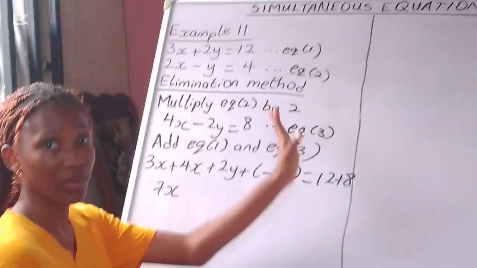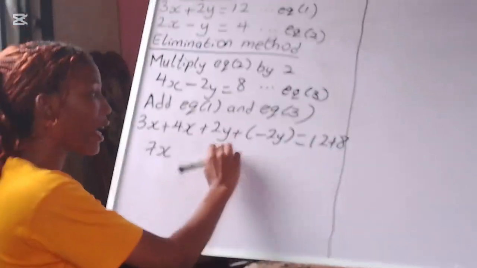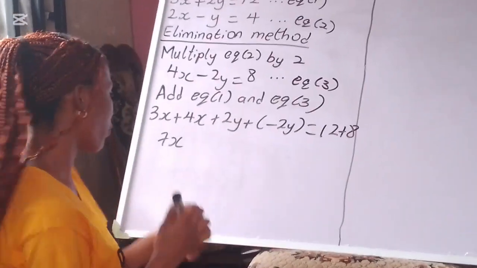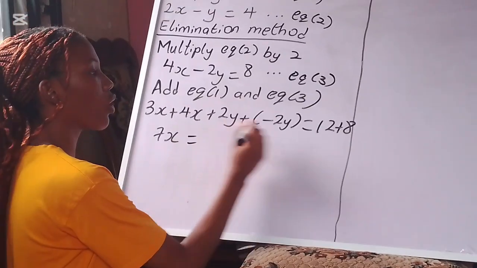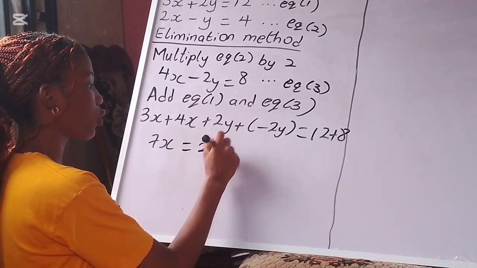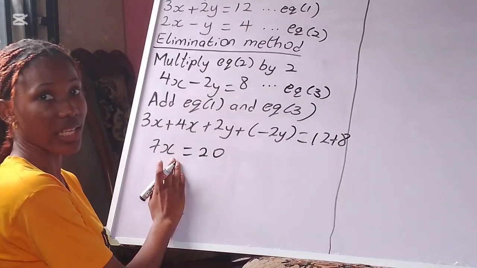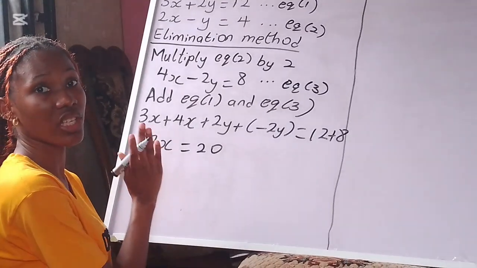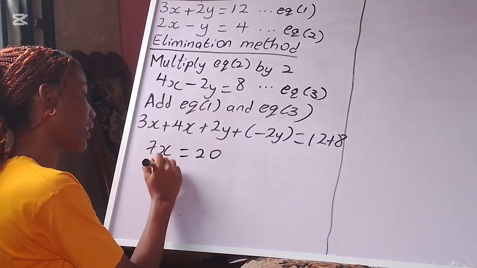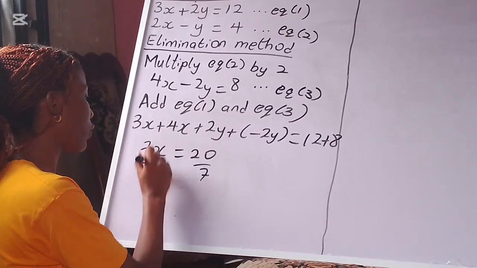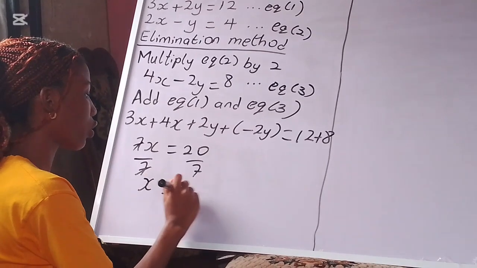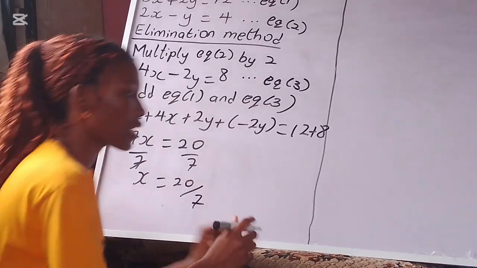Your y is going to eliminate because you'll be having 2y minus 2y, which is 0. Now on the right hand side, 12 plus 8 equals 20. We're not interested in 7x, we're interested in just x. So divide both sides by 7. And if you do that, you'll be left with x equals 20 over 7.